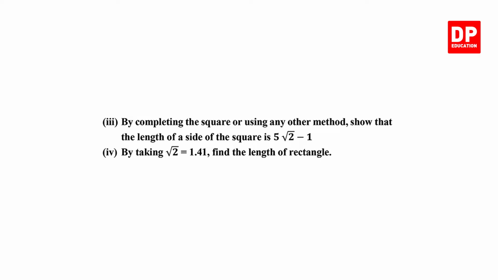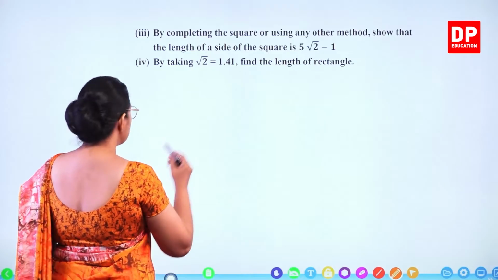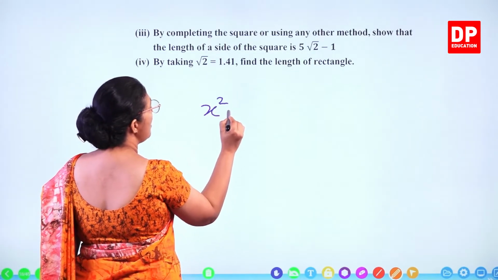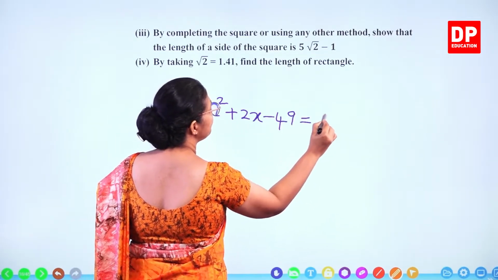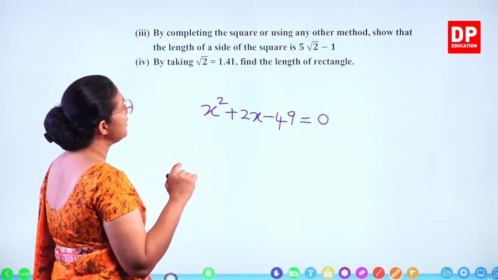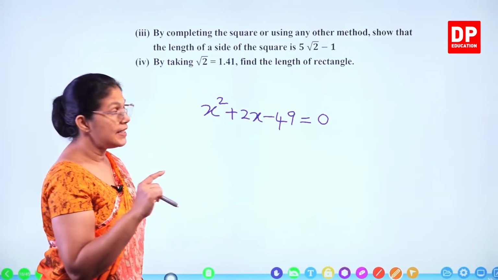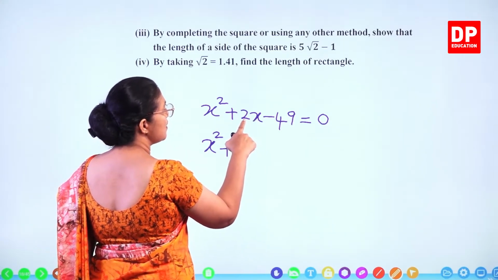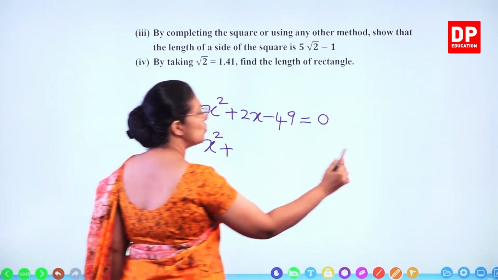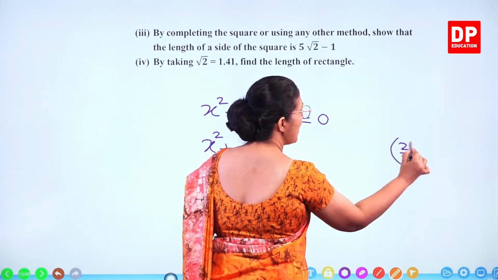Part 3. By completing the square or using any other method, show that the length of the side of the square is this much. So what's the equation we found? X squared plus 2x minus 49 equals 0. Then we'll use completing square method. To make a perfect square, you take the x term coefficient, divide by 2 and square it.